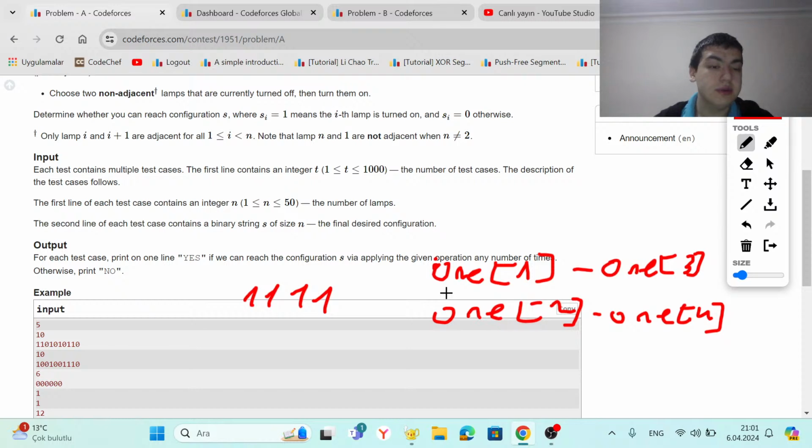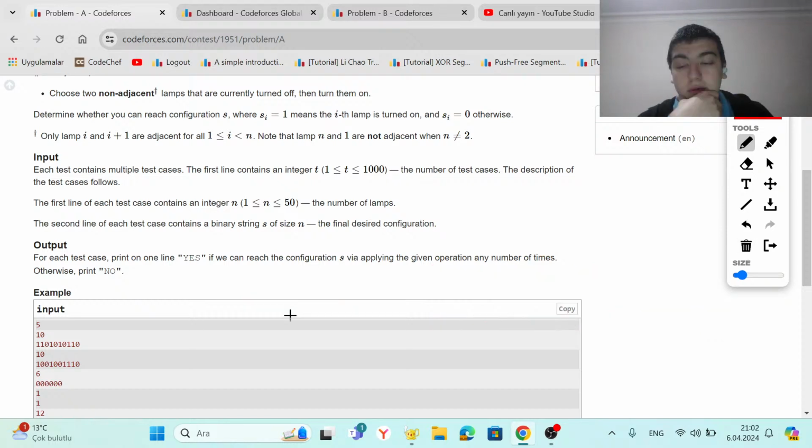We can pair all these ones in a way so that we can be sure that no two adjacent ones will be paired if we have more than two ones. But if we have two ones, we are not sure that we can pair them off or not.